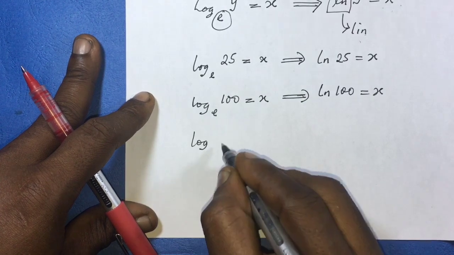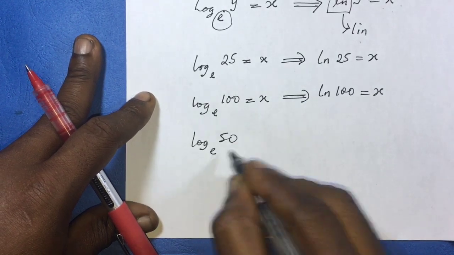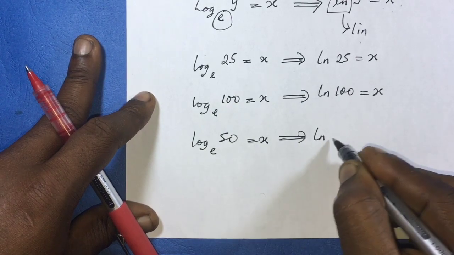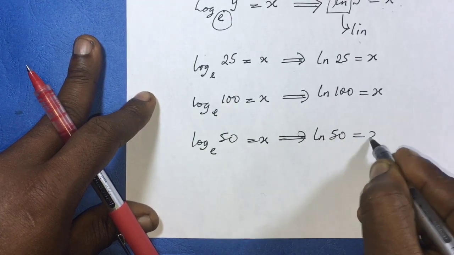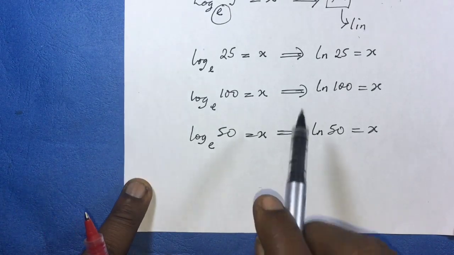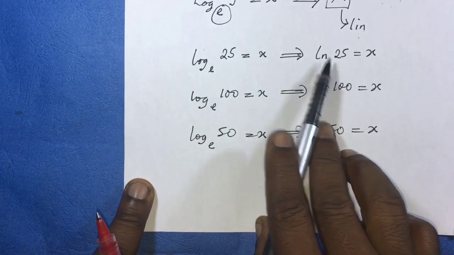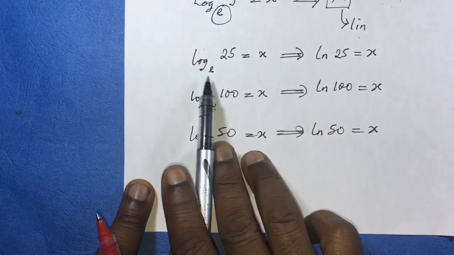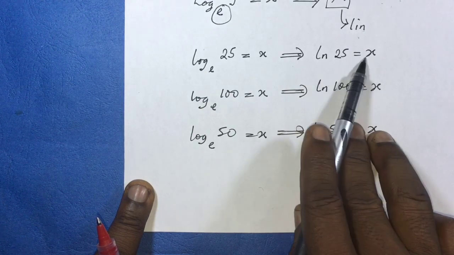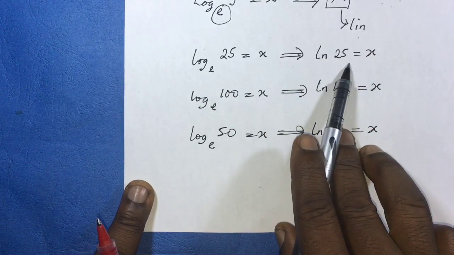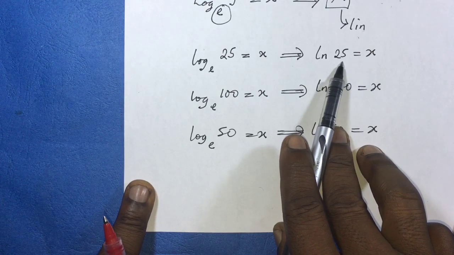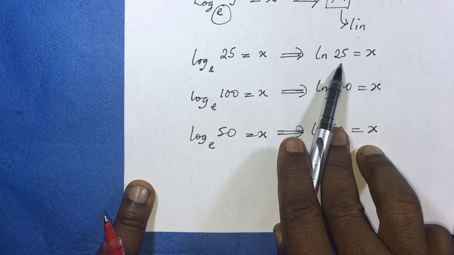Log 50 in base e equals x is equivalent to writing ln 50 equals x. So what am I doing? I am simply saying that ln, which is pronounced as "ln", is used to represent log e. So once you see ln 25, it means you have to take the logarithm of 25 in the exponential as its base.